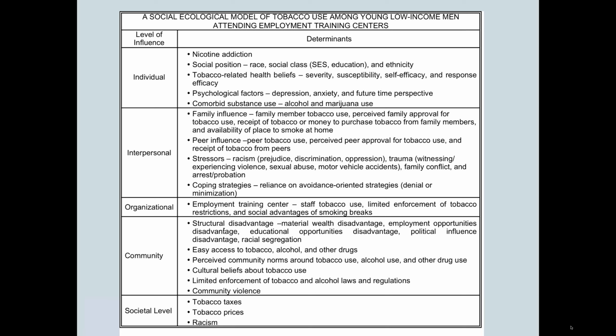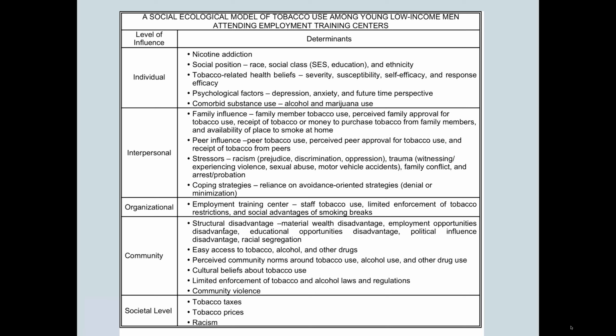Stressors at the interpersonal level include racism, trauma, family conflict, and arrest or probation. And then coping strategies include things like the reliance on avoidance-oriented strategies such as denial or minimization.